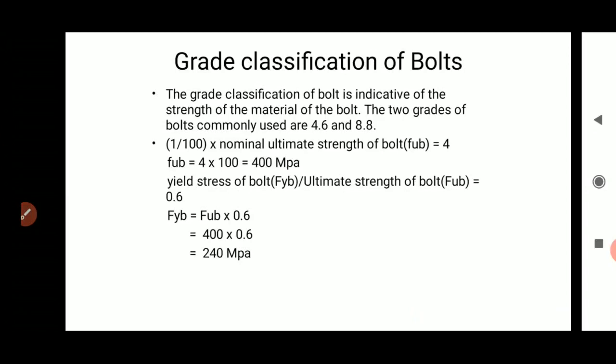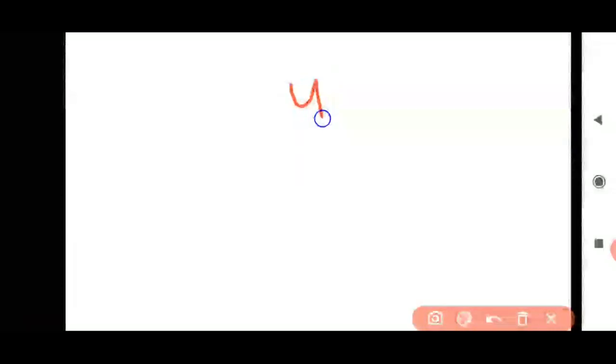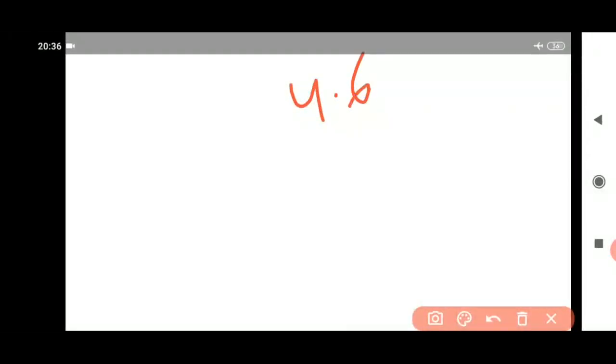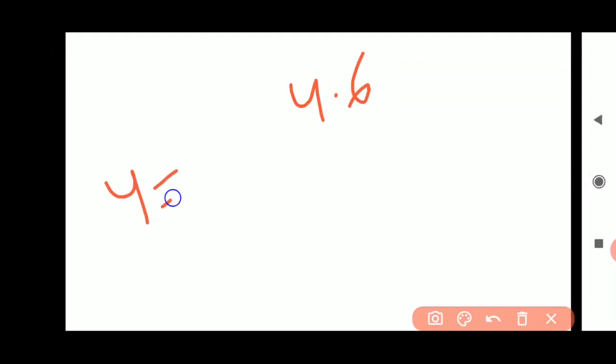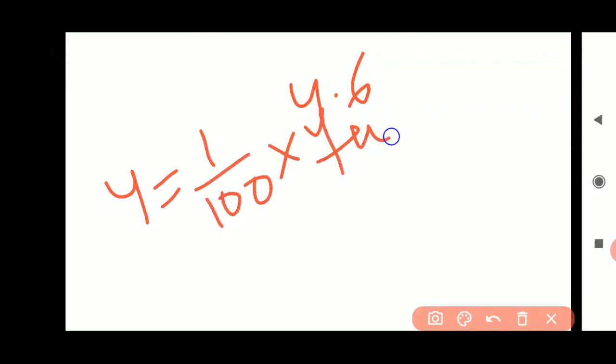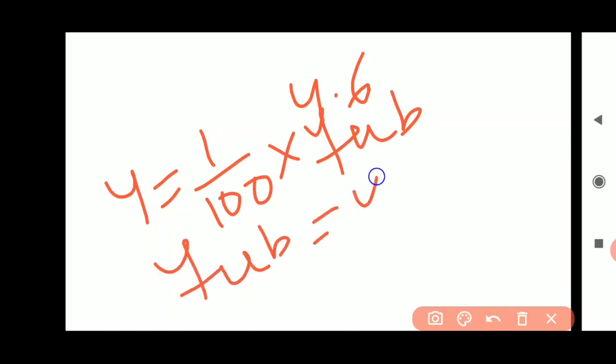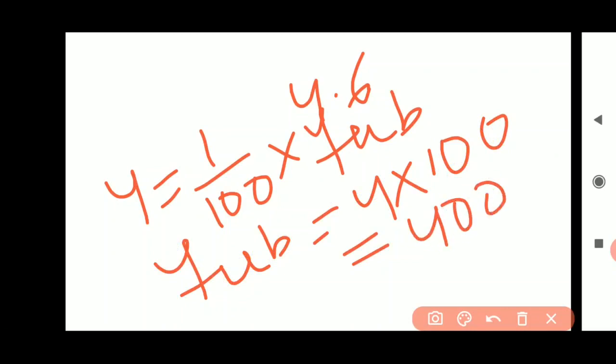For example, let a bolt of property class 4.6 be given. Here 4 means 1 by 100 into ultimate strength of bolt, so the ultimate strength of bolt will be 4 into 100, that is 400 Newton per mm square or megapascal.